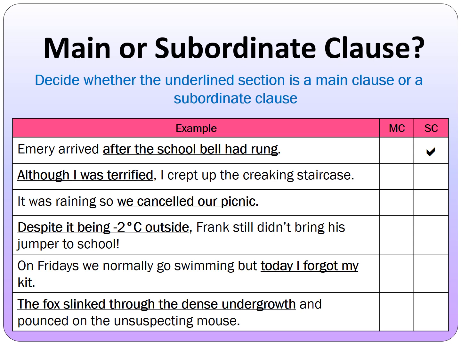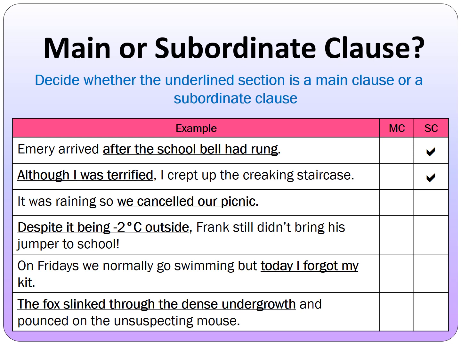Although I was terrified, I crept up the creaking staircase. Although I was terrified does not make sense on its own, therefore it is a subordinate clause. It was raining, so we cancelled our picnic. We cancelled our picnic.